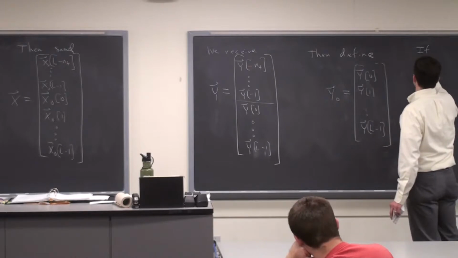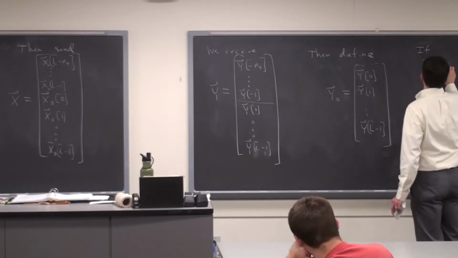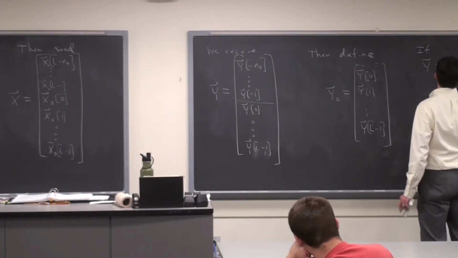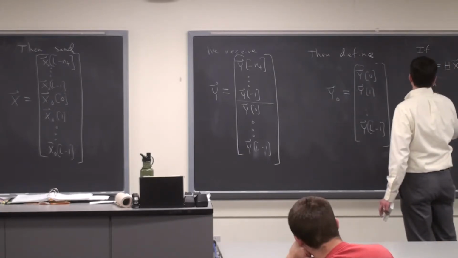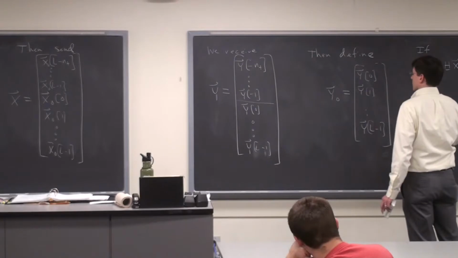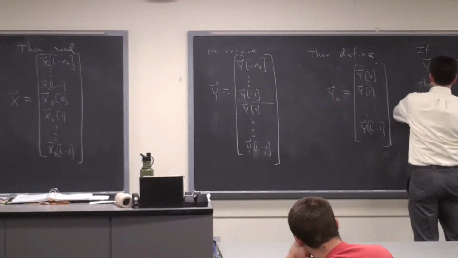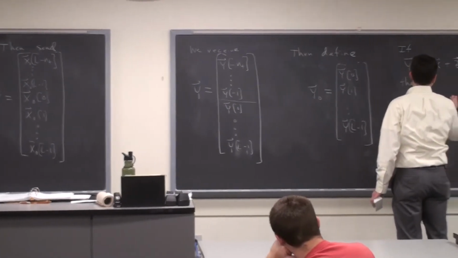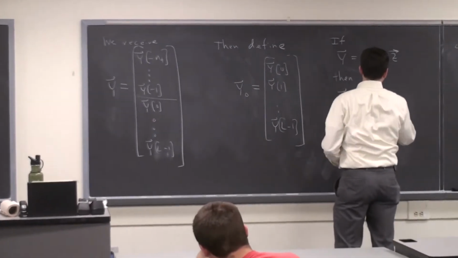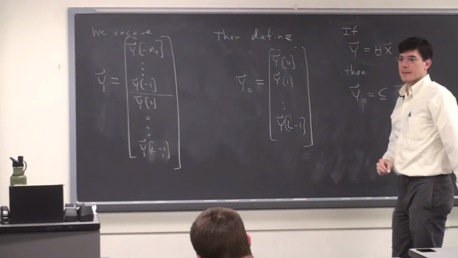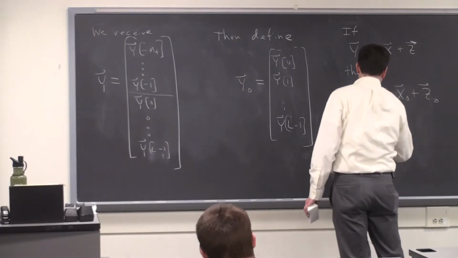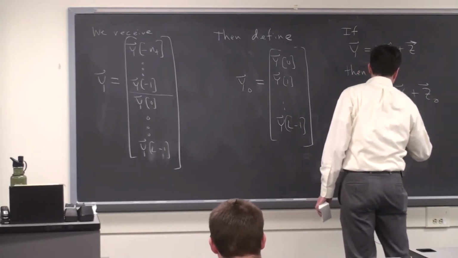And if we had that y was h, x, plus z, then y0 will be c times x0 plus z, you can call it z0 maybe, where c is circulant.